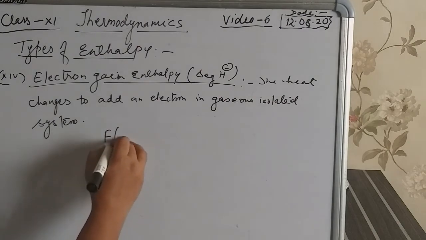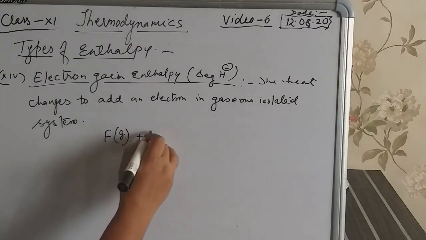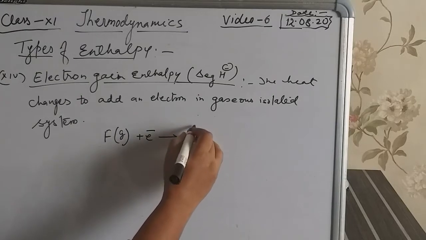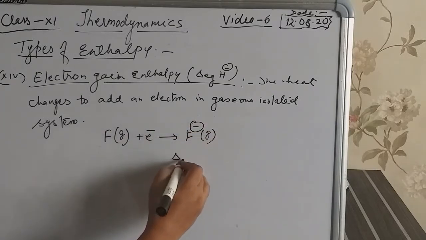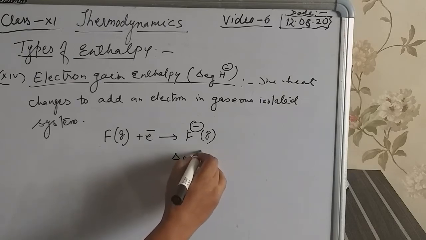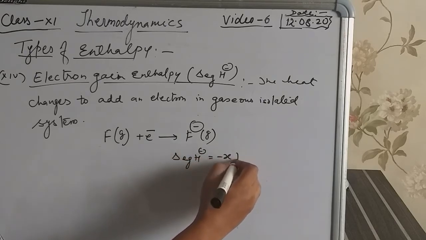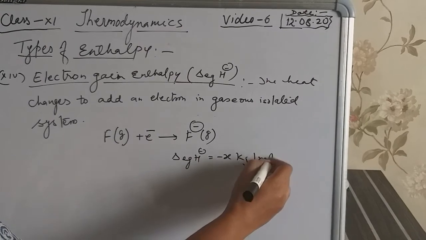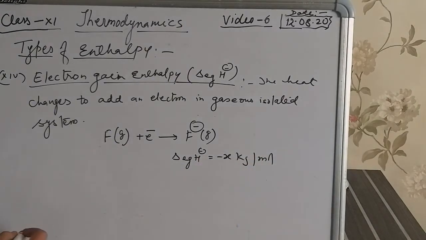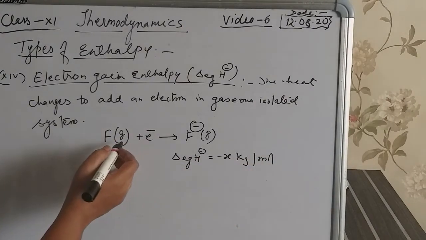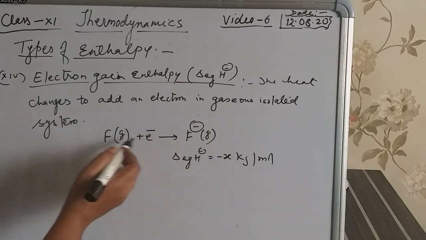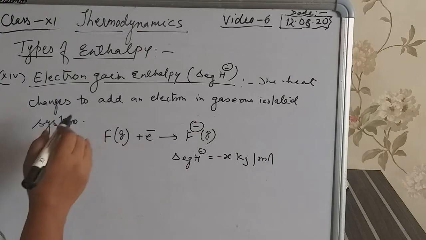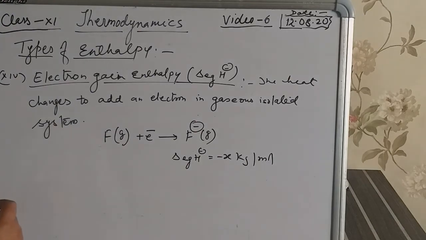Suppose fluorine in gaseous form takes an electron and changes into F negative gaseous. So electron gain enthalpy is in joule per mole. So when an electron is added, energy is released when an electron is added to the isolated gaseous system. This is known as electron gain enthalpy.